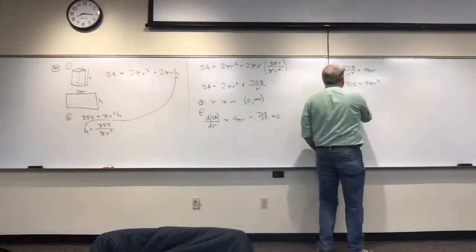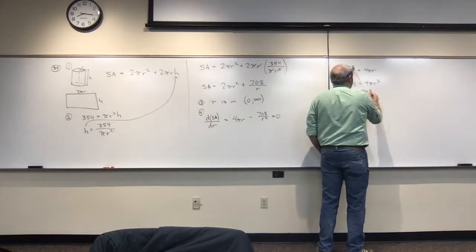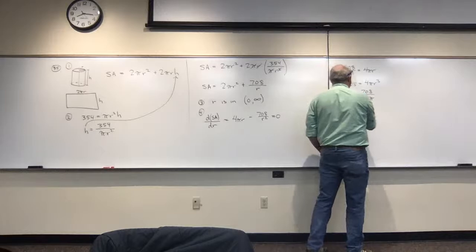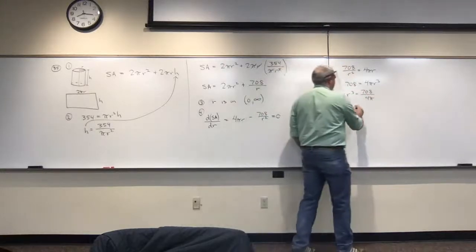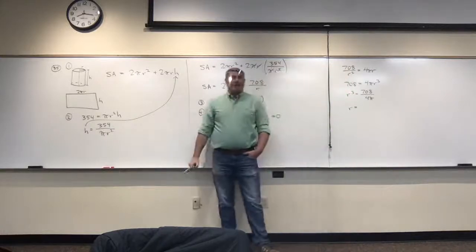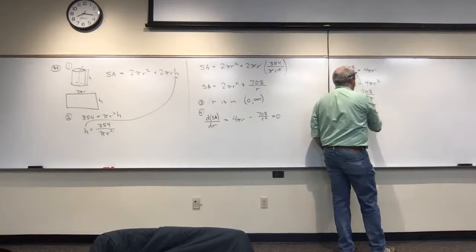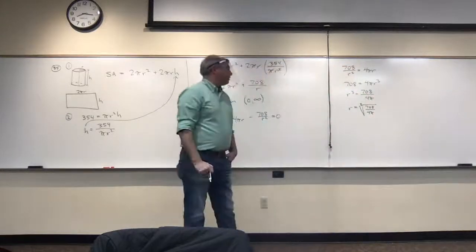So r cubed is equal to 708 over 4 pi. And then I need to do a little bit of math here, but we get that r equals the cube root of 708 divided by 4 pi. And so that could be calculated.